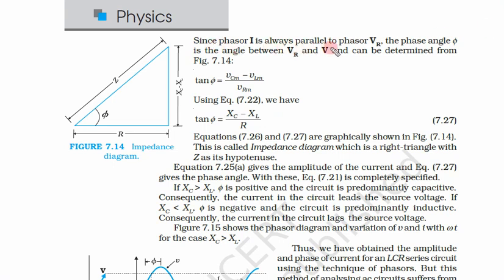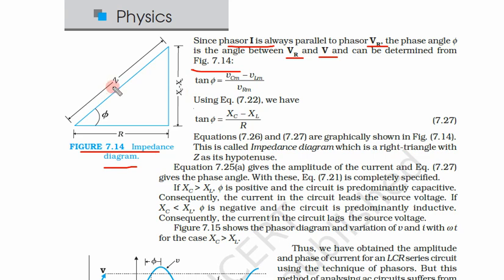Since phasor I is always parallel to VR, we know that I and VR must always be parallel. So the phase angle phi between VR and V can be determined from this equation. If we see this impedance diagram, this is the same diagram that we have seen previously.